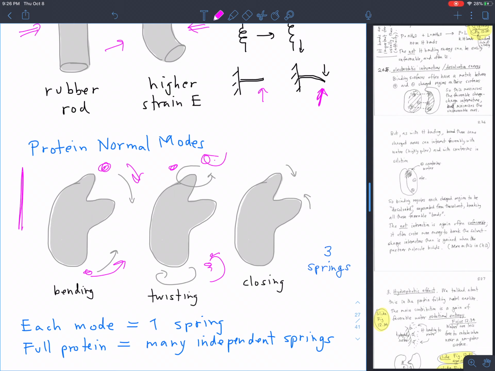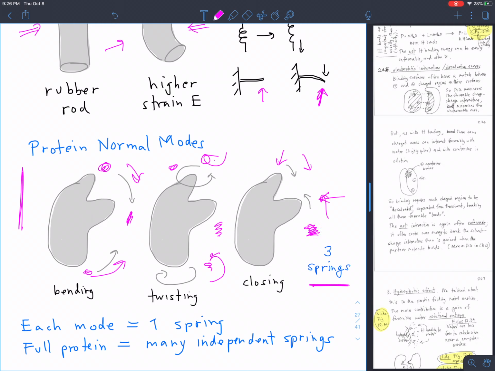Or you can take these two little tabs and pinch them together. Those are three different ways in which the protein can change shape. And it turns out that those three different ways and things like them act independently. You can do this motion independently of this motion, independently of this motion. You can do all three together.